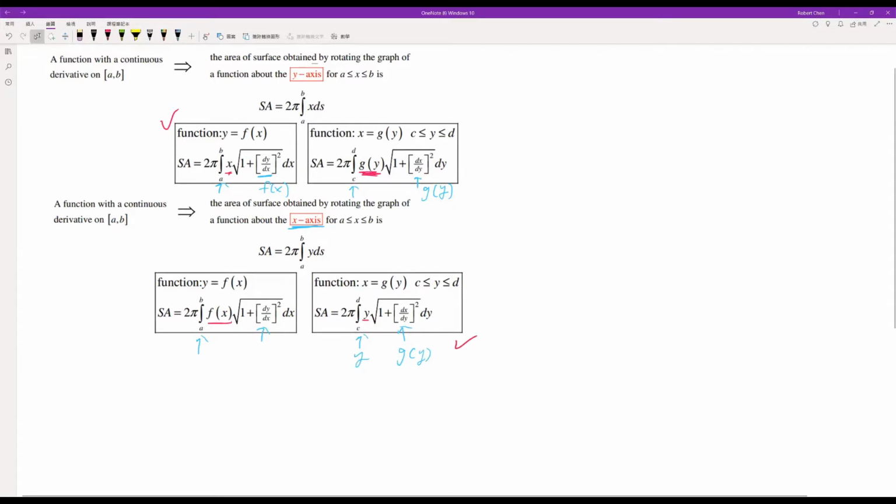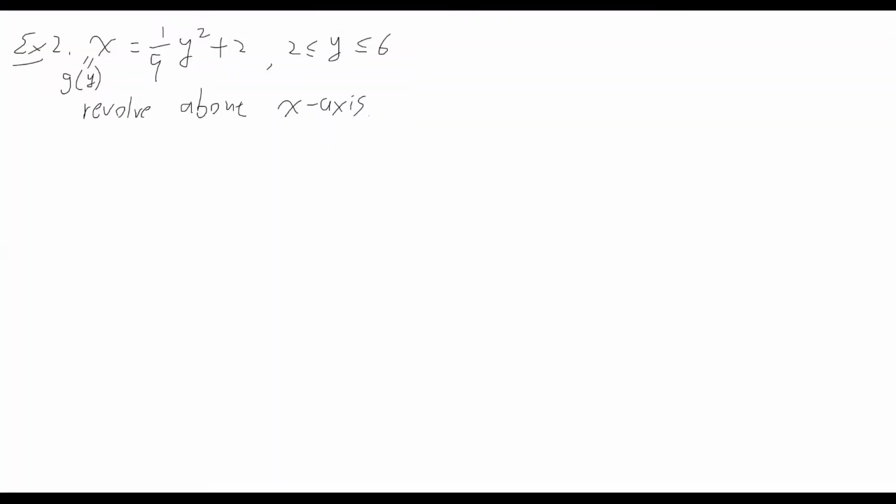Okay, all right, let's go back. All right, so let's write down the formula we're going to use. Surface area is equal to 2 pi, integral going from c to d, y times the square root of 1 plus dx dy, quantity squared, dy.